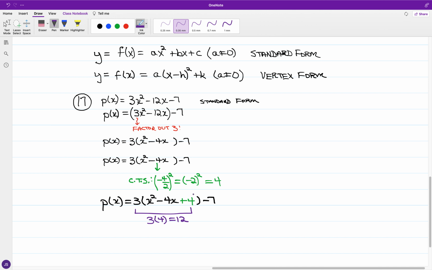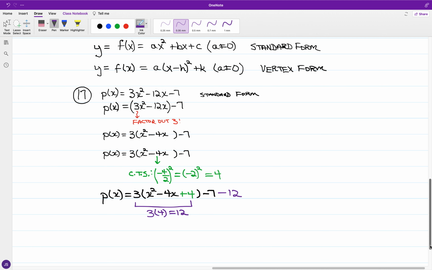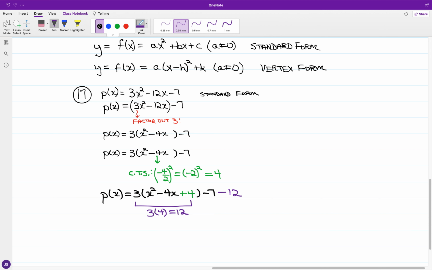So while adding 4 within, I'm adding 12 overall. To offset the surplus that is created, if I'm adding 12 at the front, I have to take away 12 at the back. In other words, subtract 12 from negative 7.